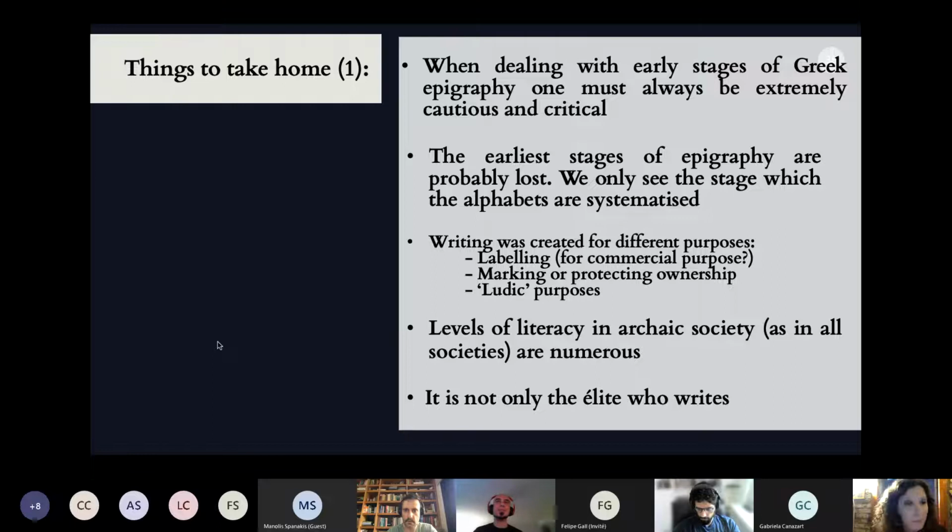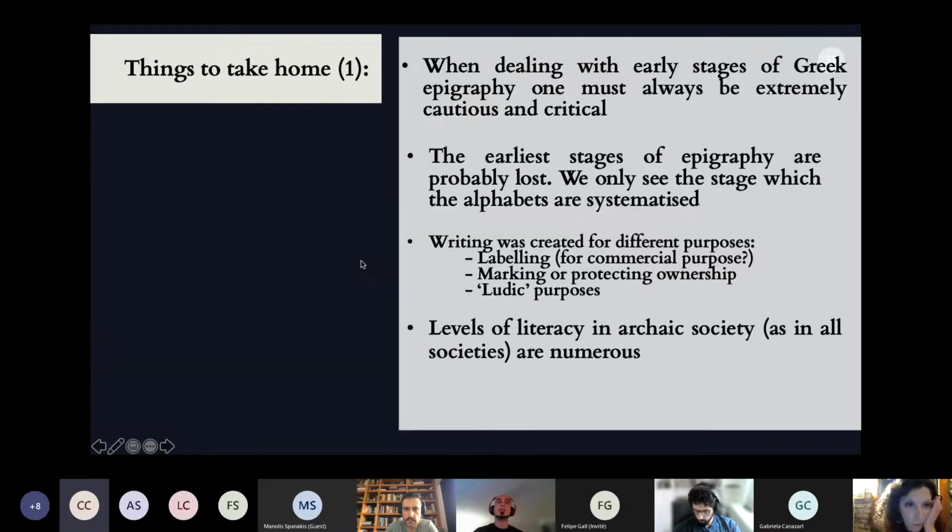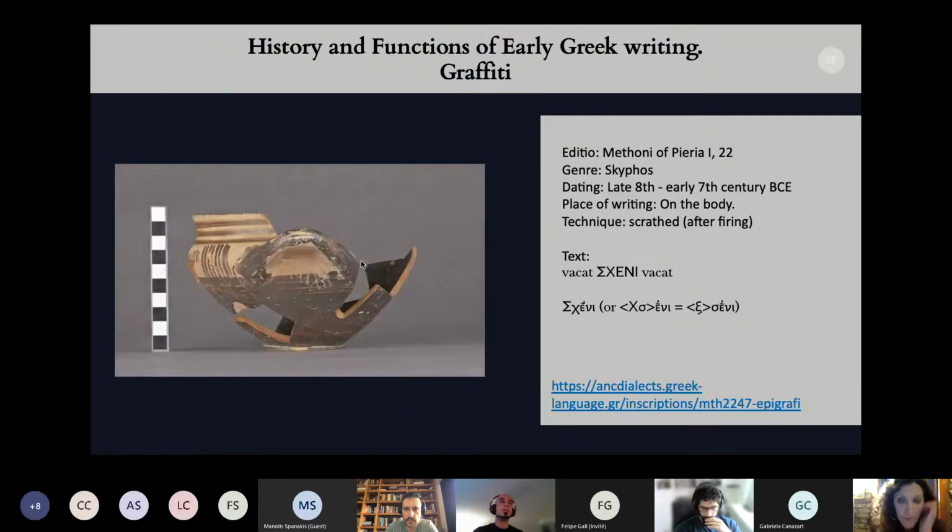Valentina, thank you for the great first part, really. It's really good. Any questions about writing, about the travel of writing, the purposes, and most importantly about this very central issue of literacy and the levels of literacy?